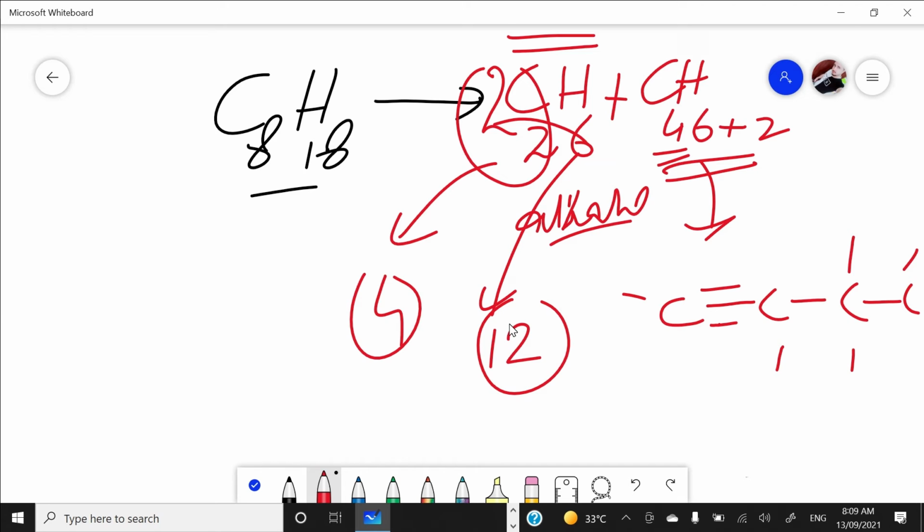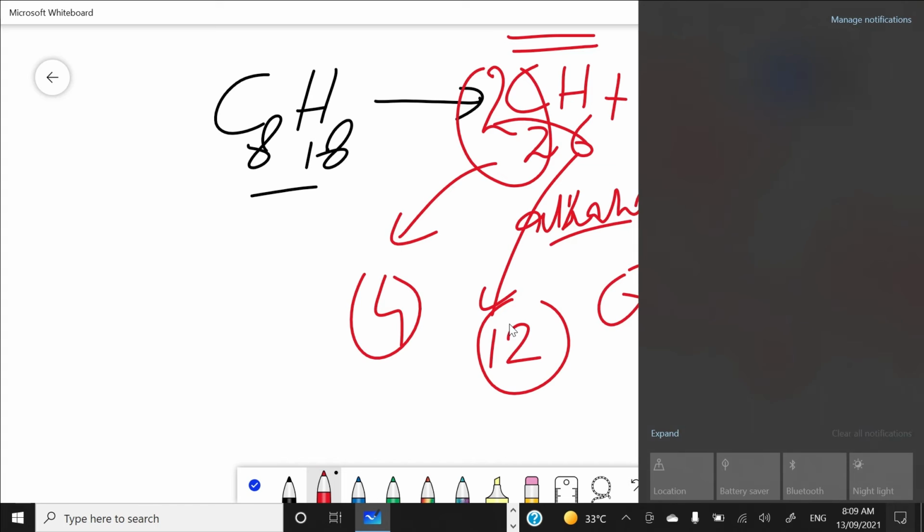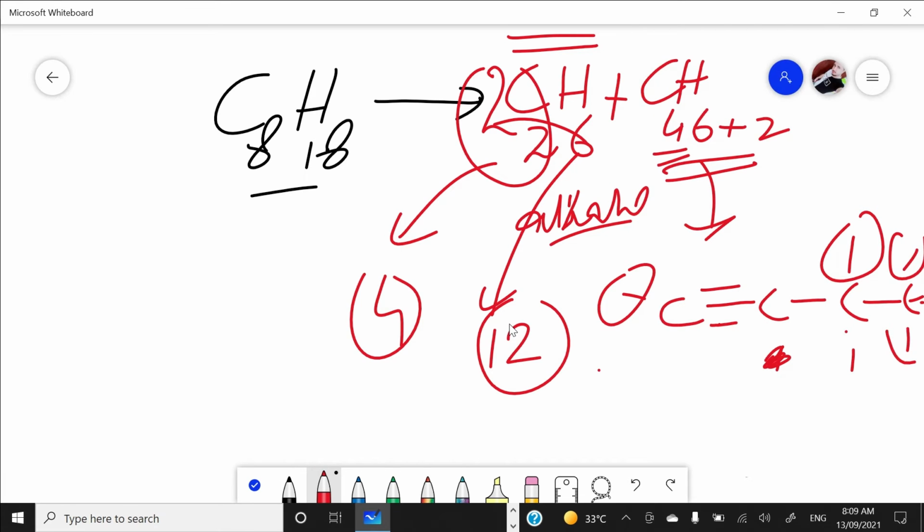Yeah, this bond is an extra one. 1 line here and 1 line here. So you can see 1, 2, 3, 4, 5. 5 are here. 1, 2, 3, 4, 5, and 6. Sir, can you scroll a bit to the right side? Actually, the scrolling is not possible. In that case, I'll redraw this again. Okay.